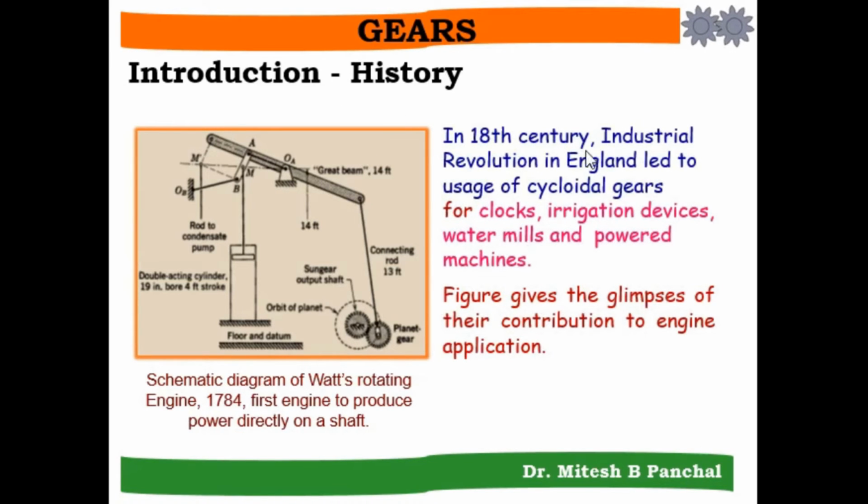In the 18th century, industrial revolution in England led to usage of cycloidal gear for clocks, irrigation devices, water mills and powered machines. So this particular figure gives the glimpse of the contribution of cycloidal gear to the engine application.